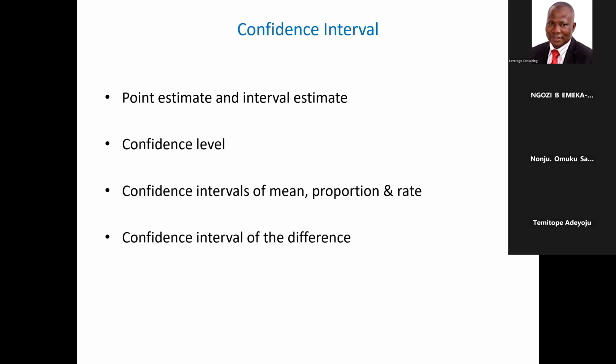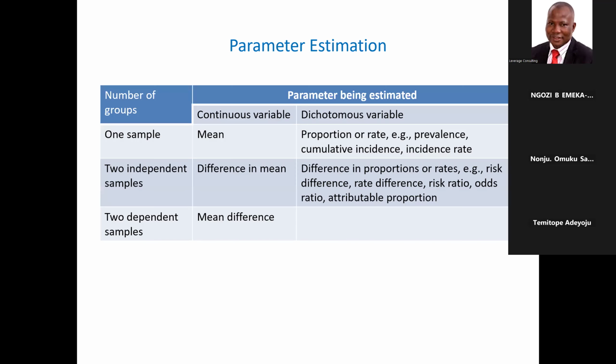It will give you different values, so you can find the difference. The difference may be 5, maybe 2%, whatever. The confidence interval of the difference, you can also calculate it. So for the difference between proportions, you can calculate a confidence interval.